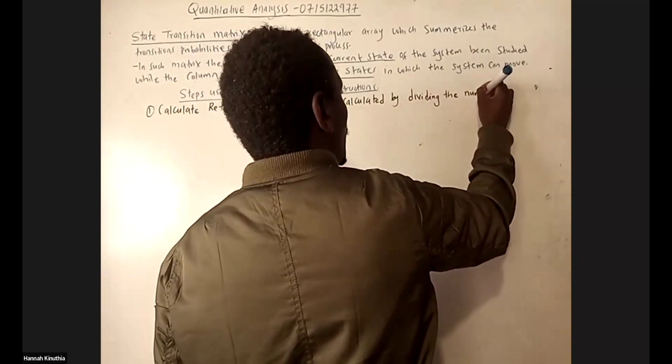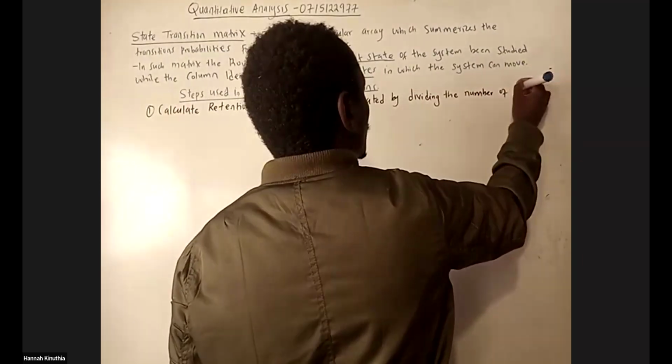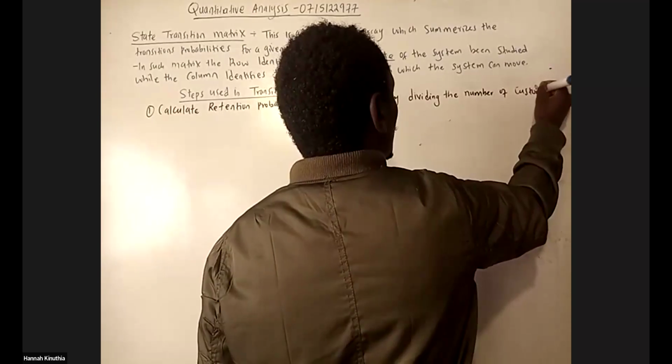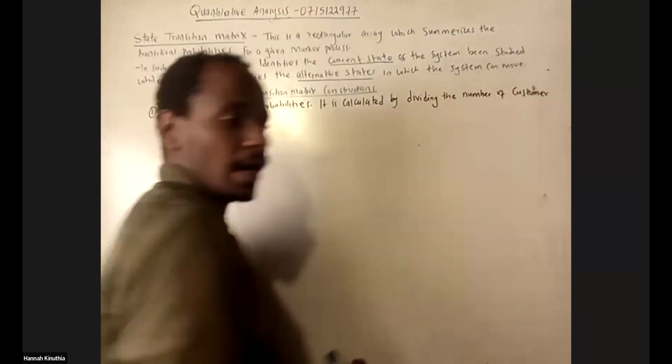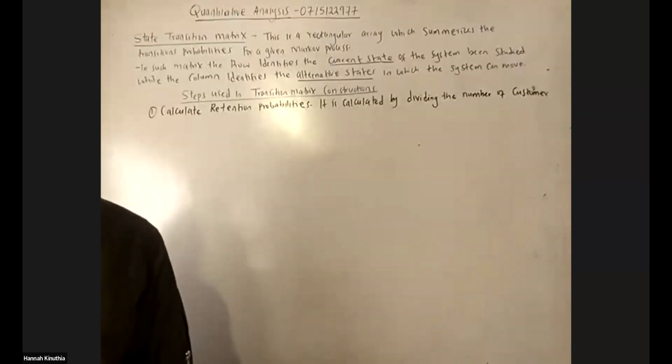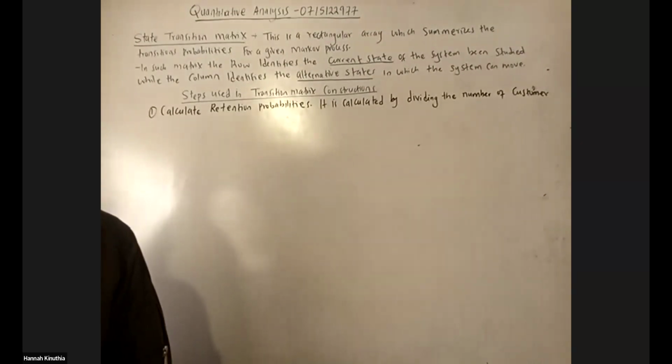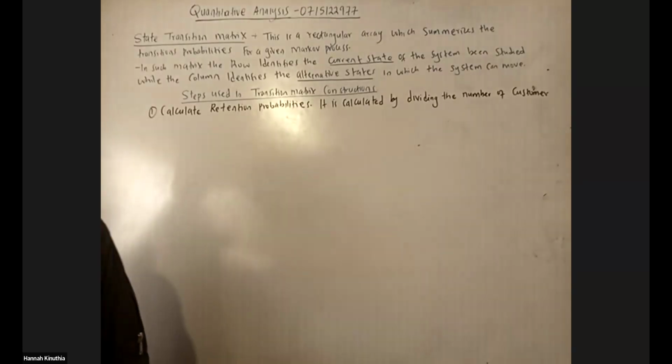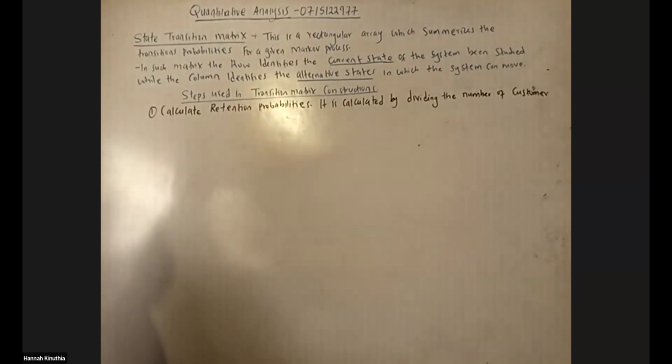Sometimes inaweza kuwa sio customers, inaweza kuwa ni other item. But for now I'm assuming it's customers. So it is calculated by dividing the number of customers retained.